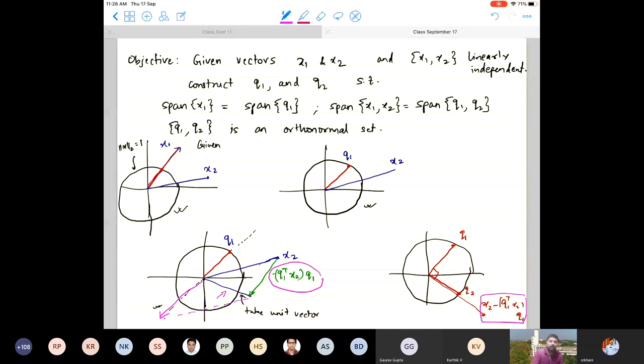Now q2 is perpendicular to q1. In fact, this particular vector is perpendicular to q1. You can check that very easily, as the algebra is easy. I hope you understand the geometry of what I did. If you have any doubt in the geometry, please ask me and I will try to resolve it.